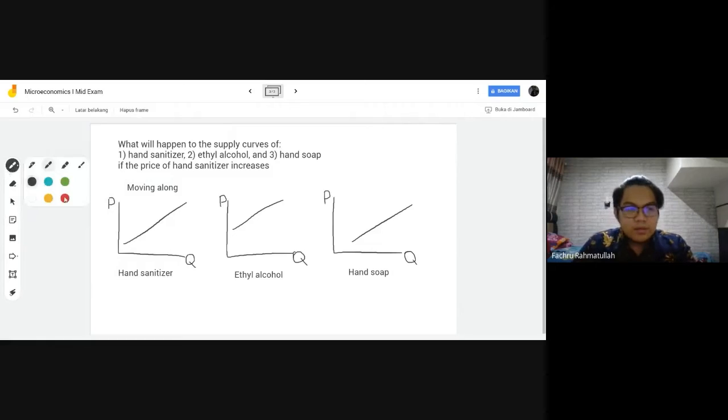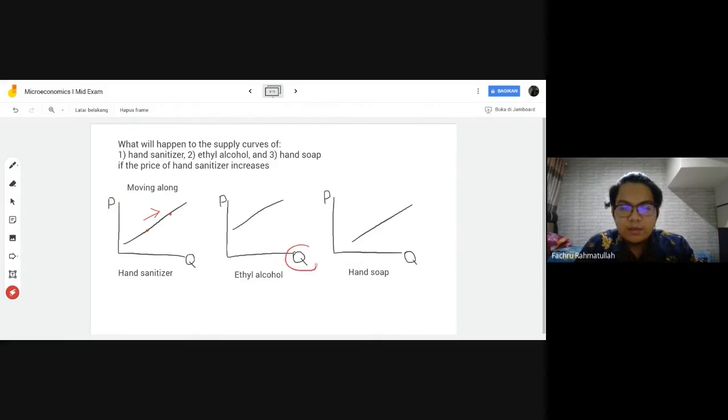So like before, let's say the point before the increase is right here. Can you see? Yes. And after the move along, it got to this point. Okay, what happened to the ethyl alcohol? Ethyl alcohol is the main ingredient of hand sanitizer. Because we need to produce more hand sanitizer, it means that we need more ethyl alcohol.